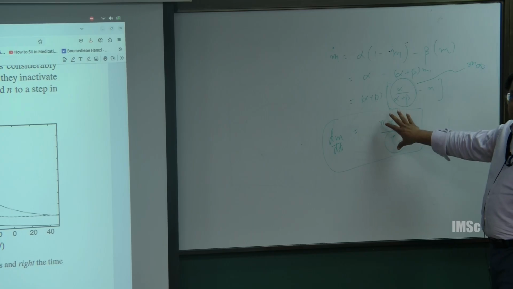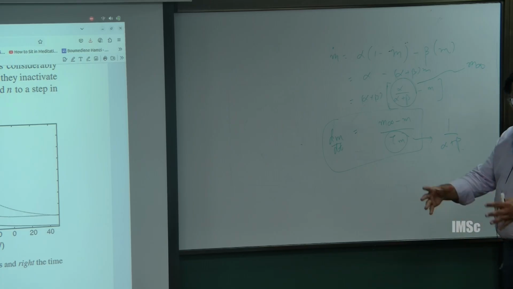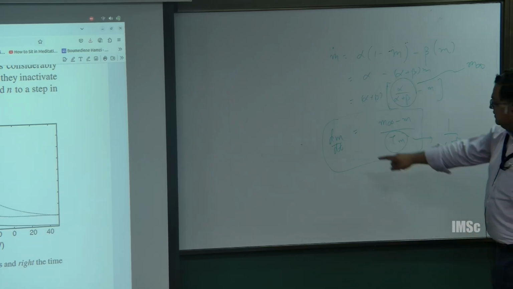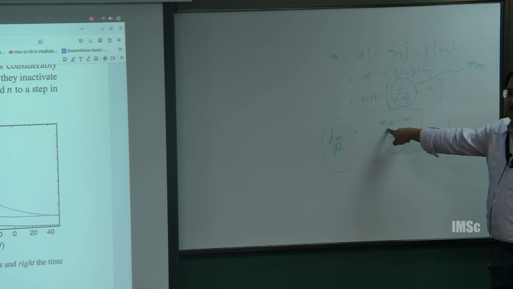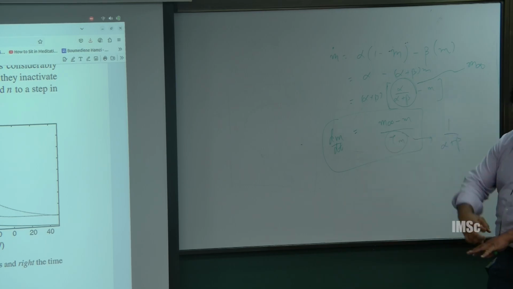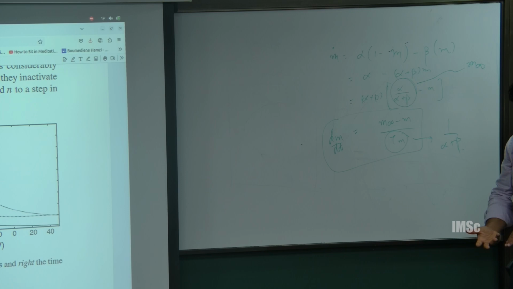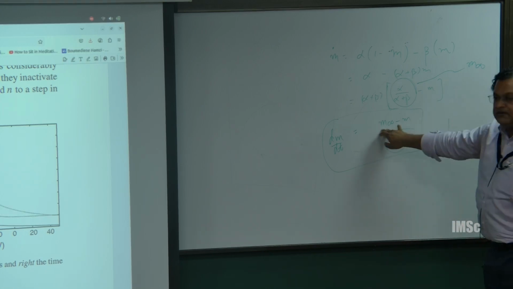What is going to be the behavior of this, from all the machinery that Siddhartha developed for you? m is going to track m infinity, because that is the fixed point of this equation. If it is above m infinity, it comes down. If it is below m infinity, it goes up. So m is dragged to m infinity.